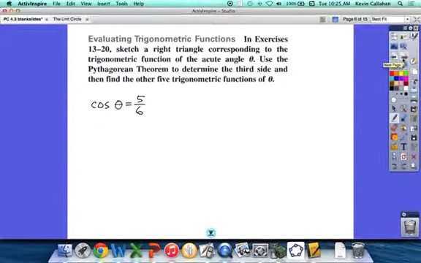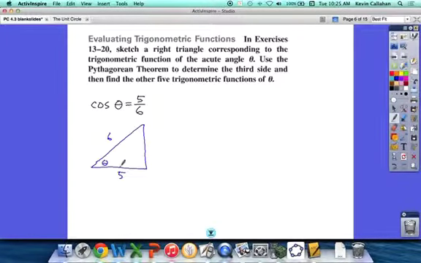So there's going to be some homework problems that are more like this, right? They're not going to give you the triangle missing a side. They're going to give you that the cosine equals 5 over 6. Now with that, you should be able to draw your triangle, right? Draw your theta, and since the cosine is adjacent over hypotenuse, that's telling you that this side is 5 and this side is 6.